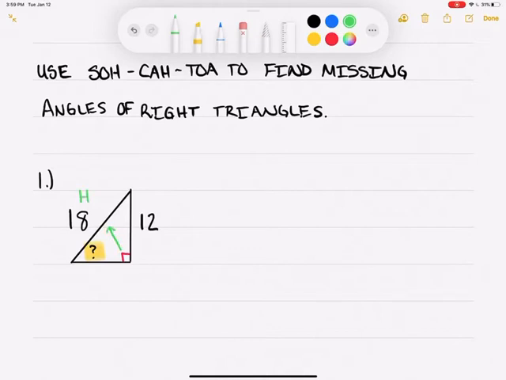The hypotenuse is always across from that 90-degree angle. Then I need to figure out what my other sides are. The only other side I have information for is this 12, and to get from my angle to the 12, I have to go all the way across the triangle, so I know that this is an opposite leg.